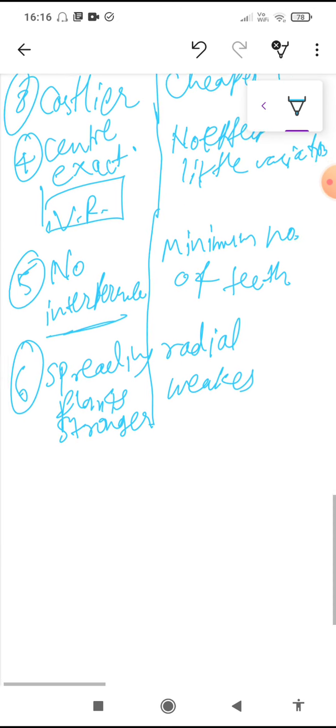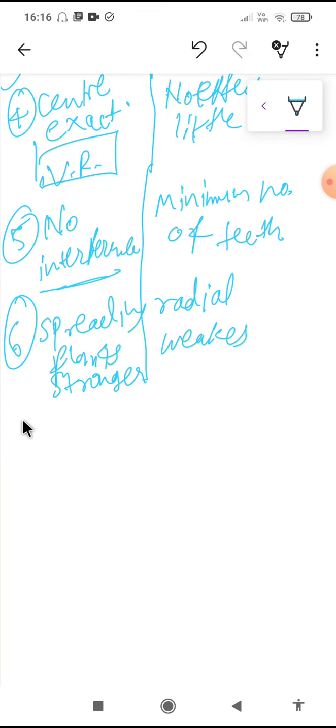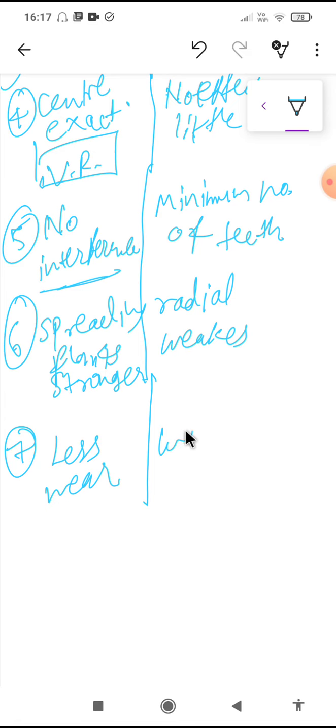Then the last point, the seventh point, is that in cycloidal teeth the convex flank always has contact with the concave face, resulting in less wear. In involute teeth, two convex surfaces are in contact and thus there is more wear.